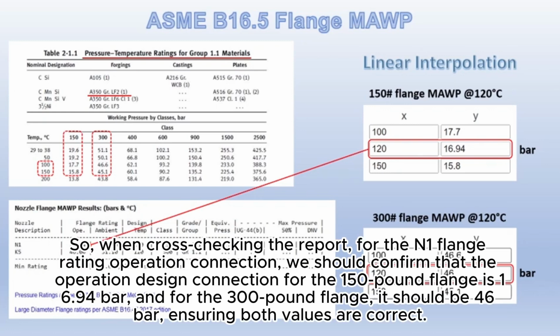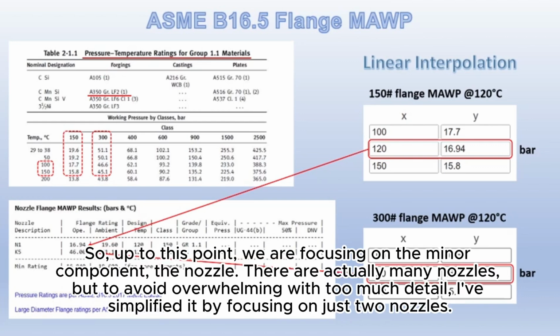So when cross-checking the report, for the flange rating operation connection, we should confirm that the operation design connection for the 150-pound flange is 16.9 bar, and for the 300-pound flange, it should be 46 bar, ensuring both values are correct. So up to this point, we are focusing on the minor component, the nozzle.